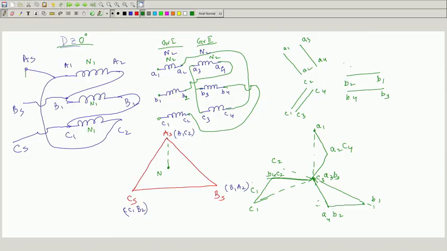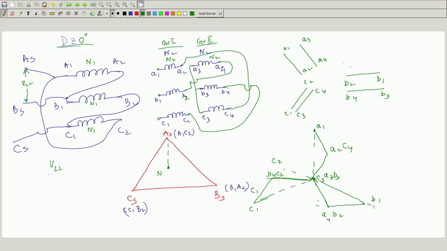Suppose you have applied a line to line voltage VLL here. Try to understand what I am doing. I know the turns ratio, I have applied VLL, which is known. I want to know what will be the phase voltage on the secondary side and what will be the line to line voltage in terms of this VLL. How should I proceed? What is the voltage per turn?